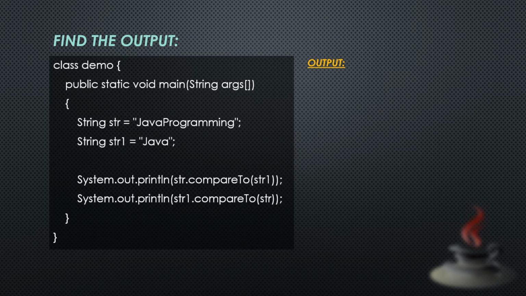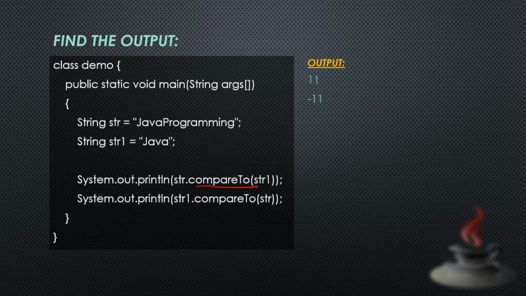Now go to my next one, that is public class Demo, void main(String[] args). And here the strings are the same as my previous one, but here I am using the compareTo method, meaning str.compareTo(str1) and str1.compareTo(str). So what is the output? For your first line the output will be 11, for the second line the output will be minus 11.